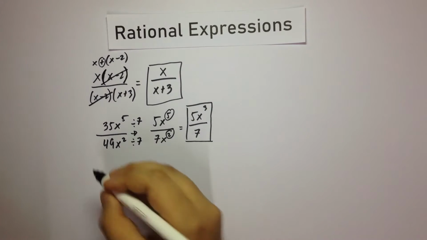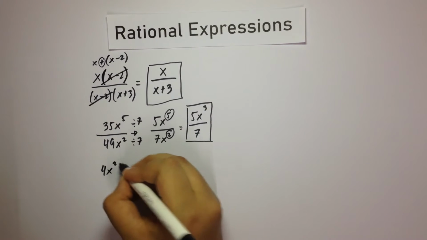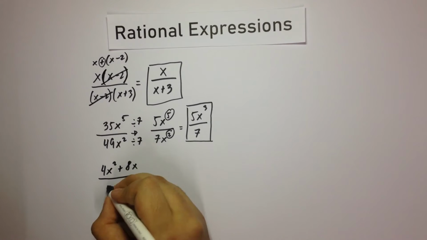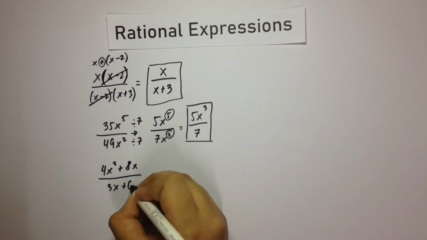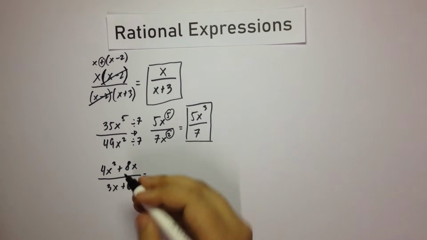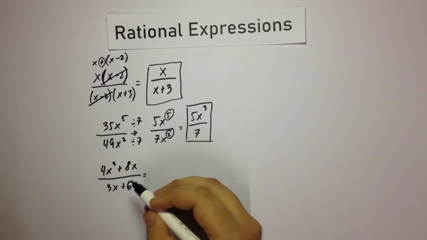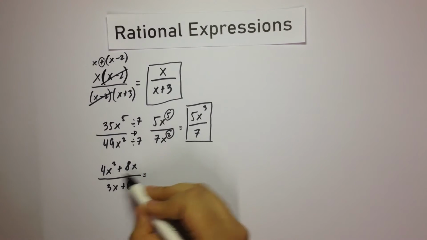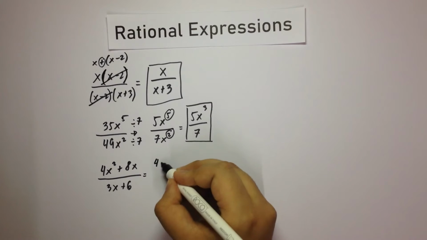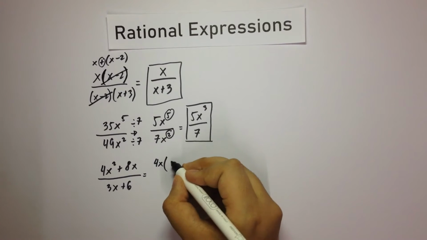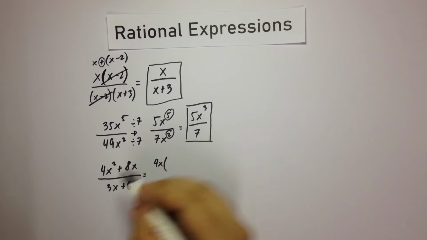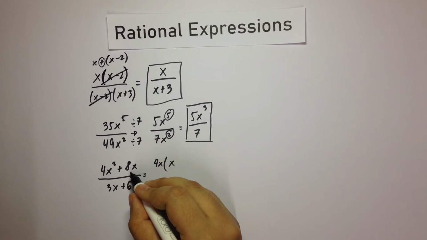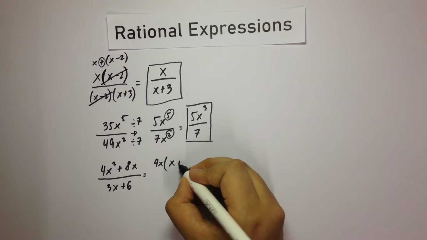Another example would be 4x squared plus 8x over 3x plus 6. In this rational expression, you can factor by the greatest common factor. The greatest common factor in the numerator would be 4x. 4x divided by 4x squared would be x, and 4x divided by 8x would be 2.